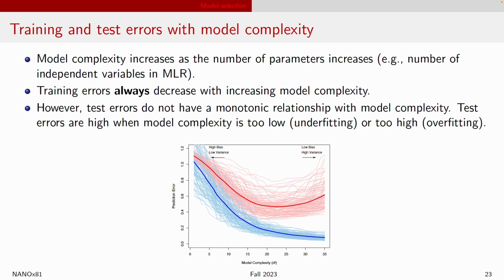It just means how many features am I using in my model? Am I fitting to one variable? Am I fitting to 5 variables? Am I fitting to 100 variables? Okay. So as you increase the number of variables that you're fitting, you are increasing your model complexity. Now, when we look at other machine learning models, there are also corollaries to this model complexity concept, right? One of the things that you should always know is that training errors always decrease with increasing model complexity, okay?